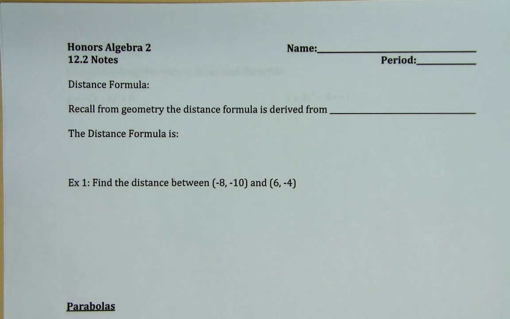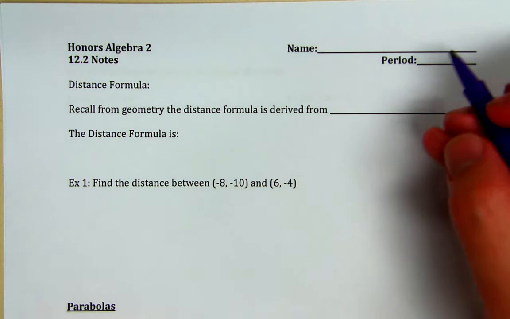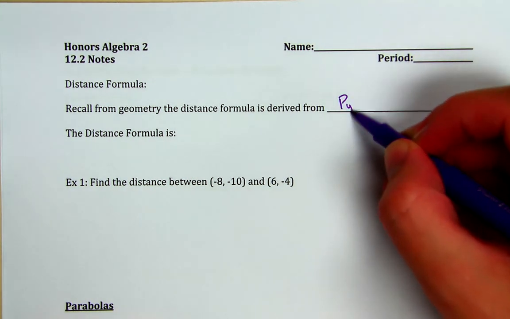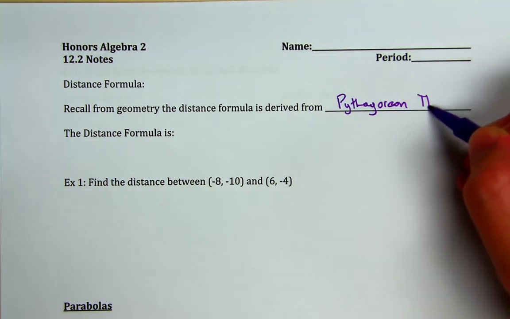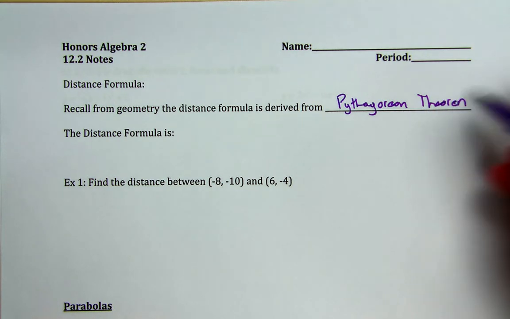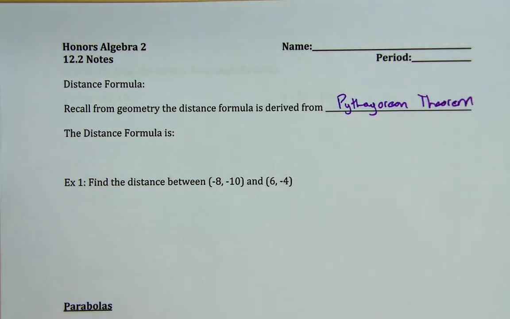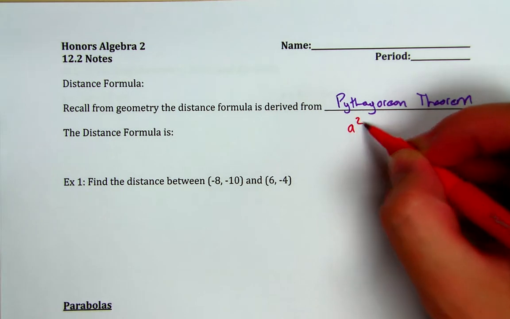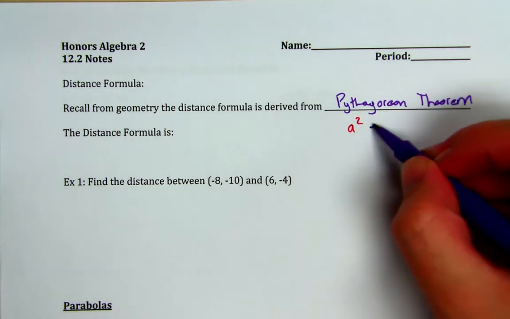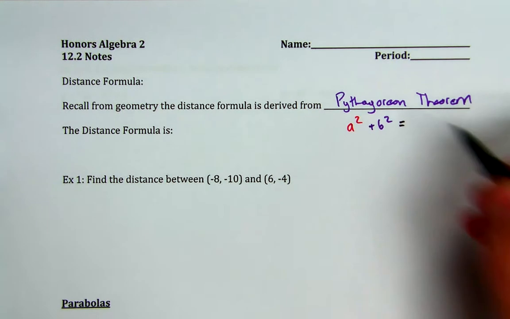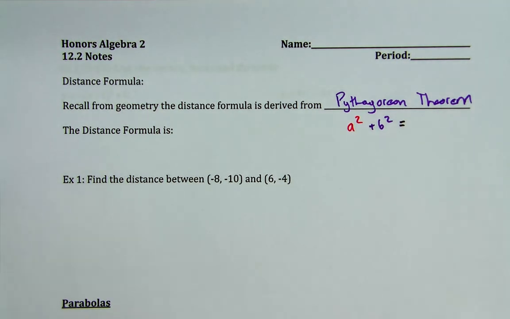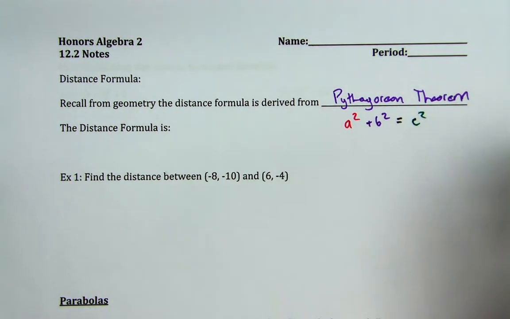Remember in geometry that the distance formula is derived from the Pythagorean theorem. By now, you probably have that memorized. That's your good old a squared plus b squared equals c squared, where c is your hypotenuse.